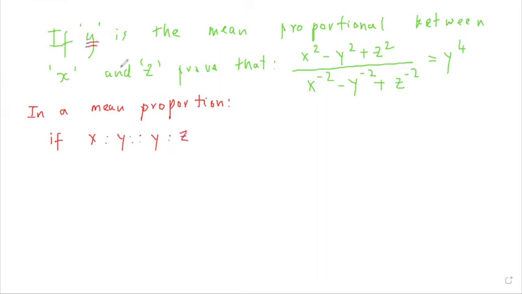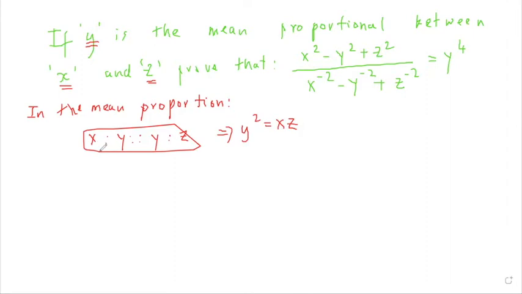Because it's said here, y is the mean proportion between x and z. So in the mean proportion, this is what it will look like: x is to y as y is to z, which implies that y squared is equal to xz.